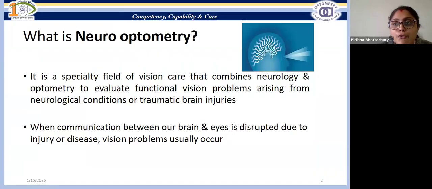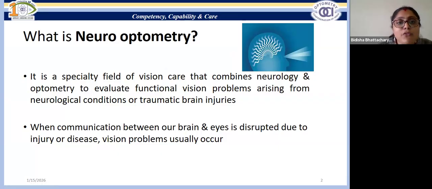First we have to discuss what exactly neuro-optometry is. Obviously, it is a part of optometry, but it is a specialty. It is a specialty field of vision care that combines neurology and optometry to help evaluate functional vision problems arising from neurological conditions and traumatic brain injury.